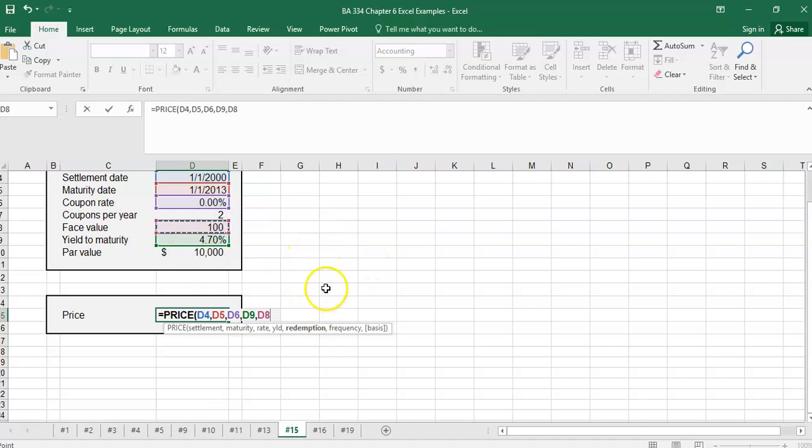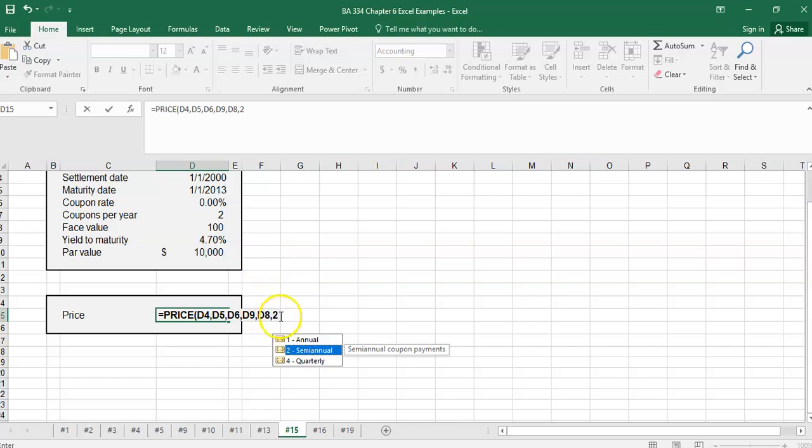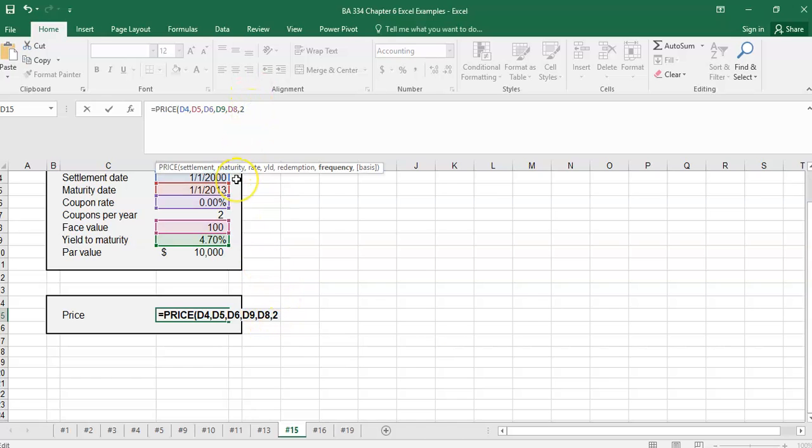And then the number of coupons a year, the frequency. So we want a 2 for semi-annual. Our basis defaults to 0. We're going to close our parentheses for the price formula.